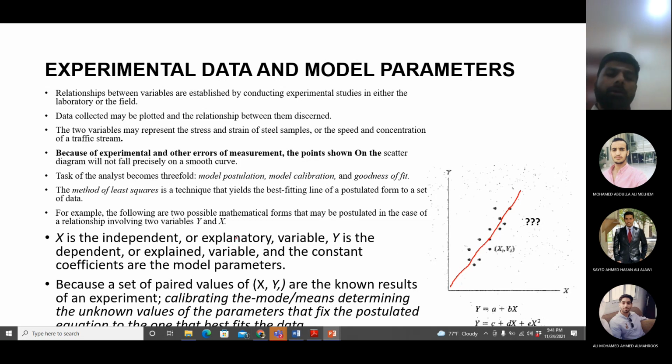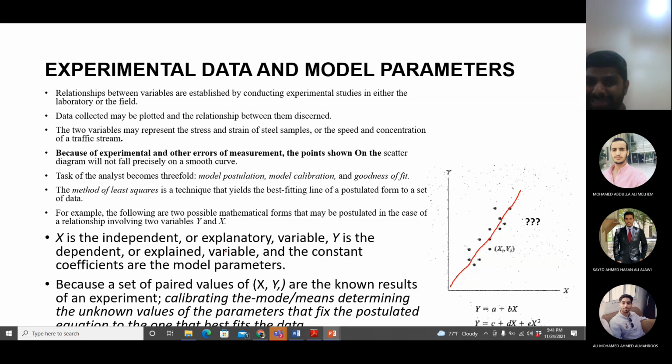Usually x, which is plotted on the x-axis, is the independent variable. We call it the independent or explanatory variable, the input, the thing which you are putting in the model. And y is the dependent variable or explained variable, the thing which you are getting out of the model. For example, I put stress of steel and I get the strain of steel.